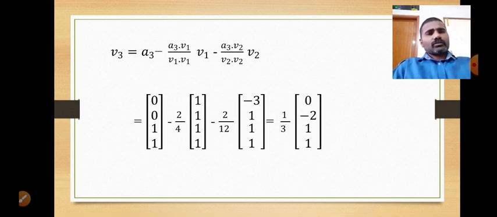This is equal to: A3 is (0 0 1 1). A3 dot V1 means 0 plus 0 plus 1 plus 1, it is 2, and V1 dot V1, already we got in the earlier one, it is 4.